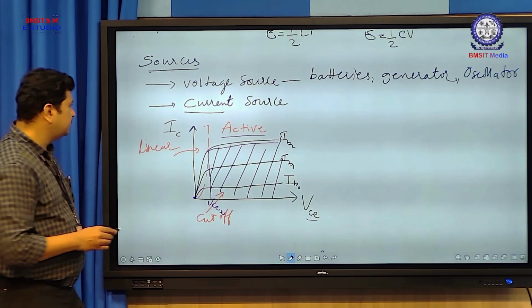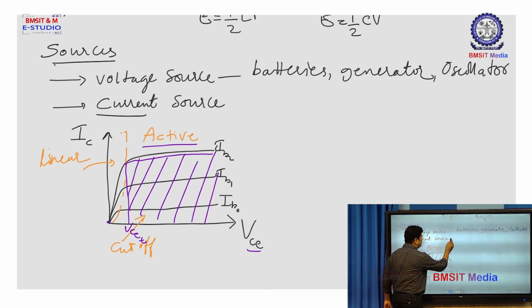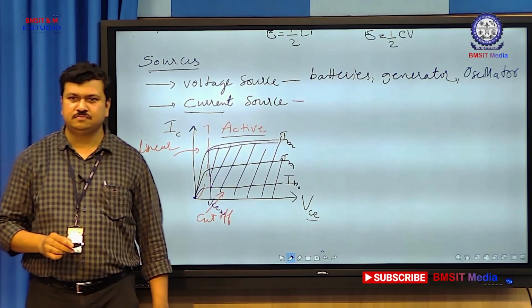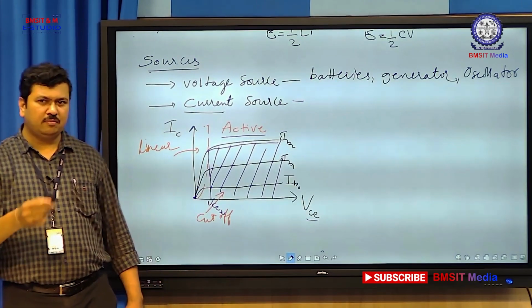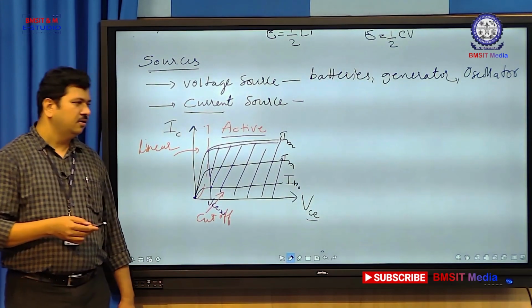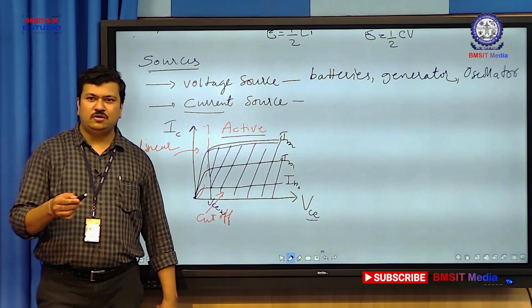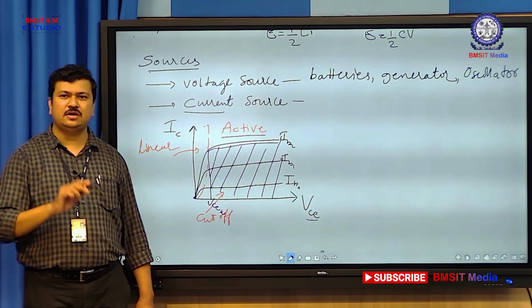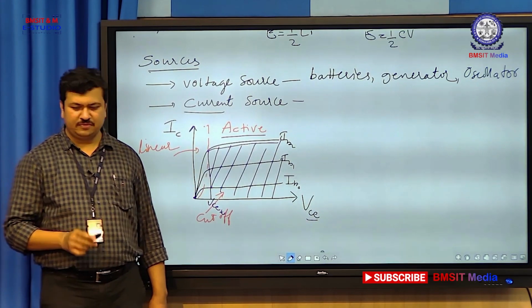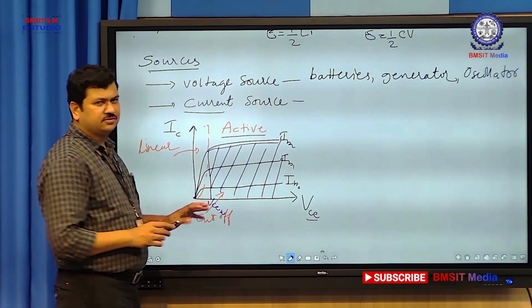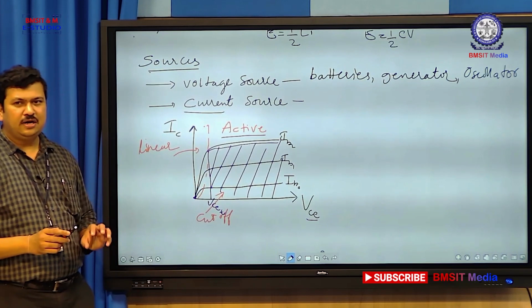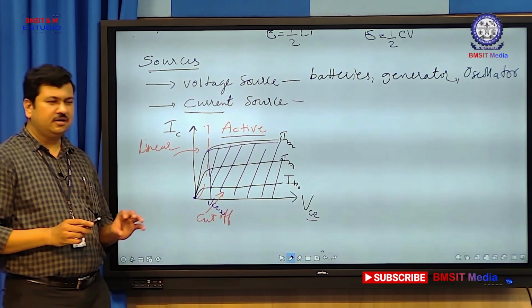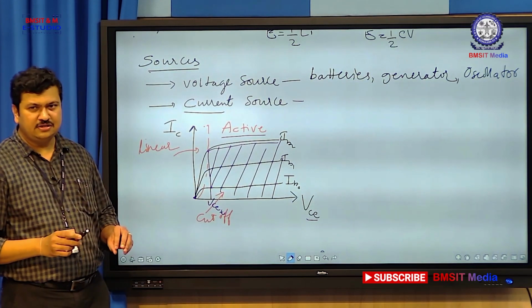So, visualization of a current source is in such a way that it is a modified form of voltage source. We will come back again and look into how exactly voltage sources can be converted into current sources and current sources can be converted into voltage sources. So, this is about current source, a small hint of how practically a current source is realized or visualized in practice.